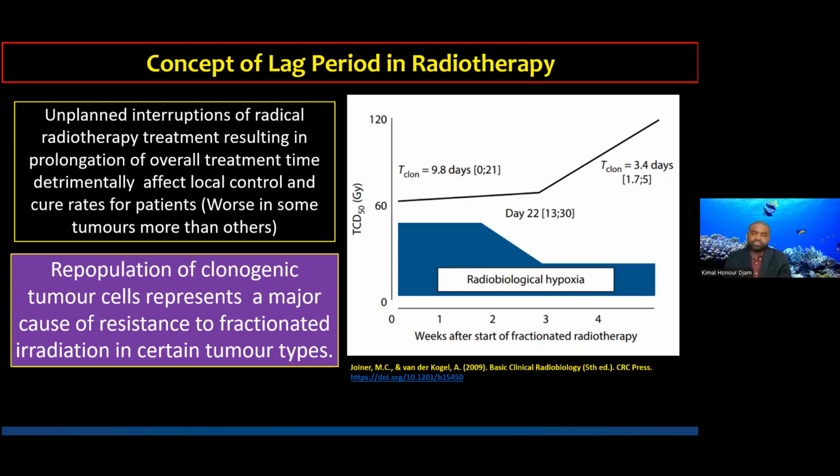Keep that in mind. I've looked through data and there is no data that precisely says that this particular tumor has this particular lag period. So the data is still very sparingly available. However, evidence suggests that in both normal tissues and tumors, lag periods may span approximately 2 to 3 weeks.